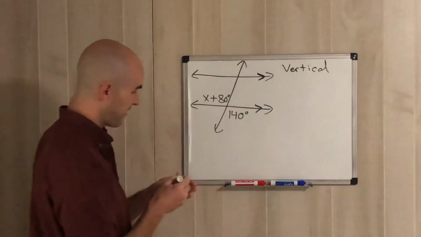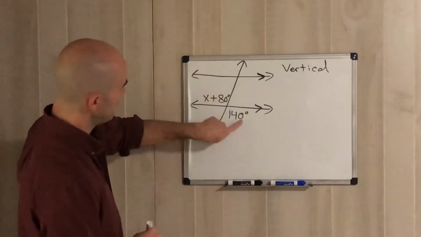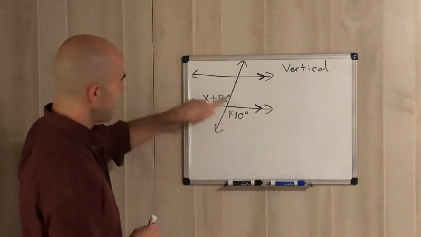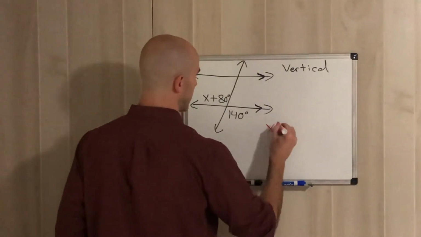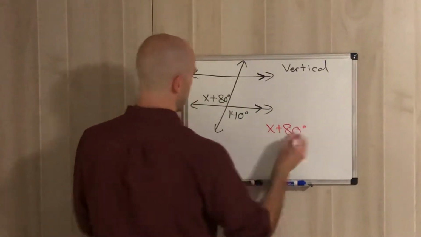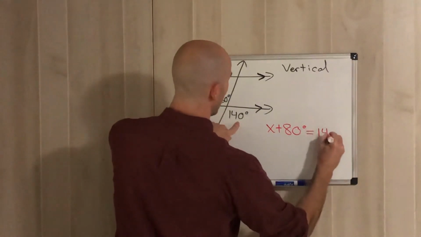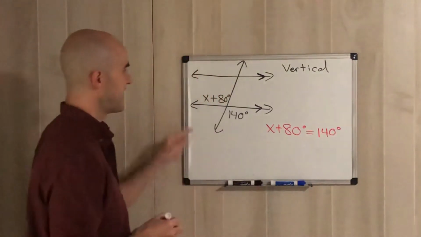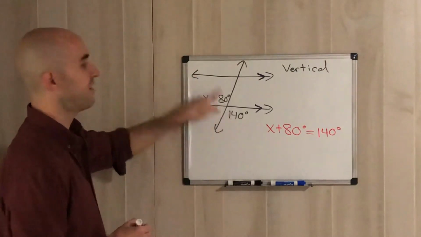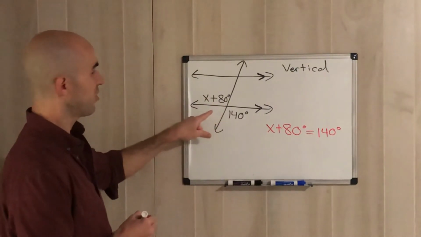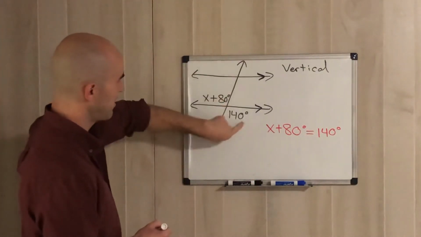If this equals that, we can write that x plus 80 equals 140. Since they're vertical, they're congruent, so they're equal, and we just set them equal to each other. We know that x plus 80 equals 140.